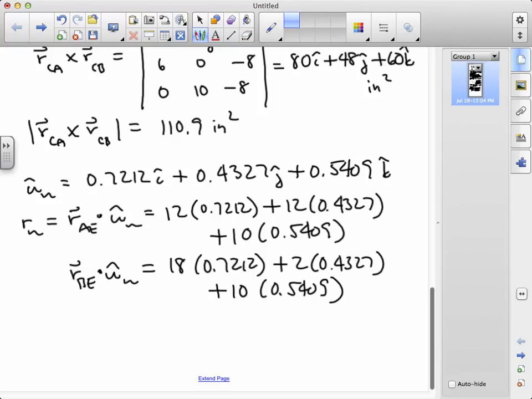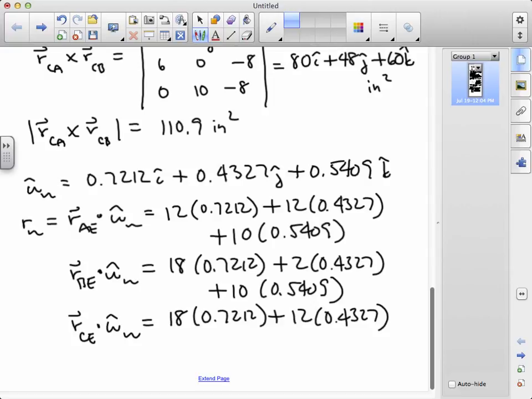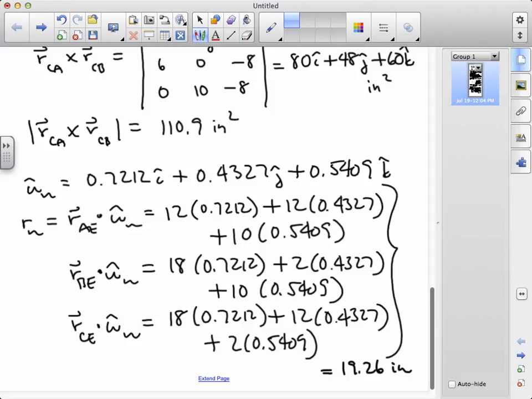And finally, we have RCE dot UN, which is 18 times 0.7212 plus 12 times 0.4327 plus 2 times 0.5409. And if we carry each of these out individually, what we should find is that each of them ends up being equal to 19.26 inches. So we get the same result no matter which relative position vector we use from the plate to the point of interest.